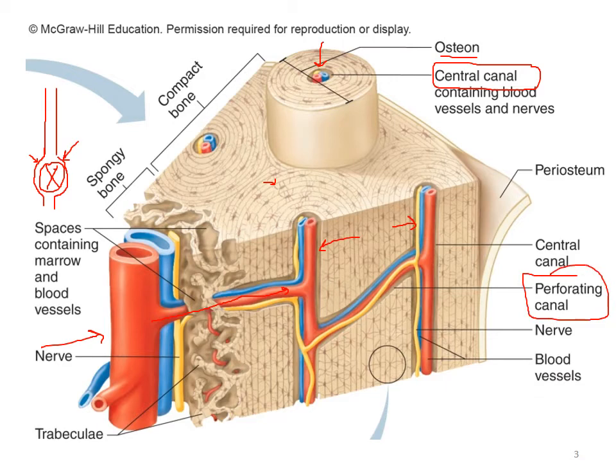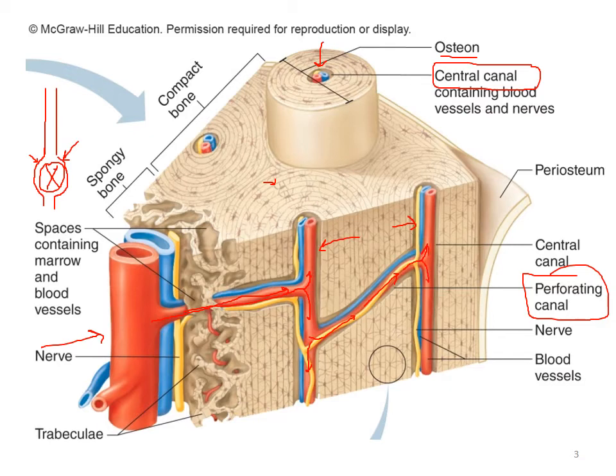Throughout the diaphysis in the bone, you're going to have these perforating canals cutting across. They join with the osteonic or central canals and work on bringing the blood throughout the compact bone.